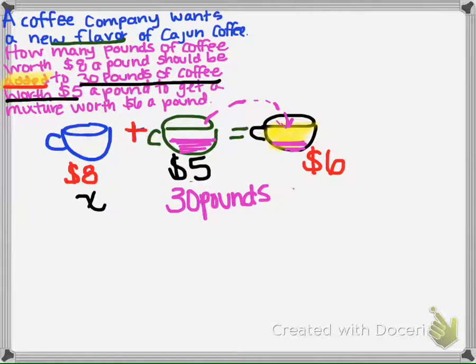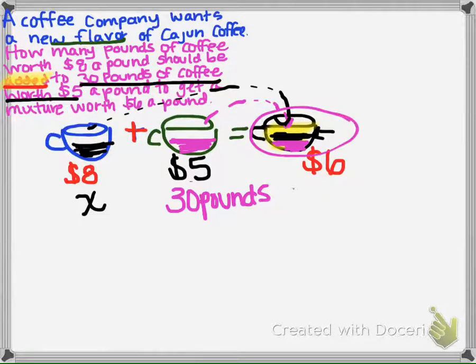So we have no idea how much of this coffee we're going to pour into here. We have no idea how much this is here. But we know that this black part that we pour in from this one, plus what we pour in from this one, all together makes the amount of pounds that we have in this coffee blend here.